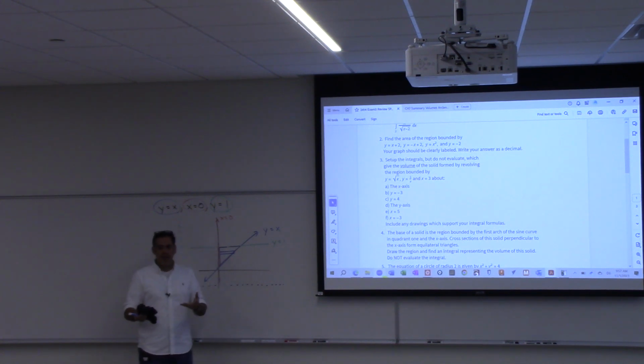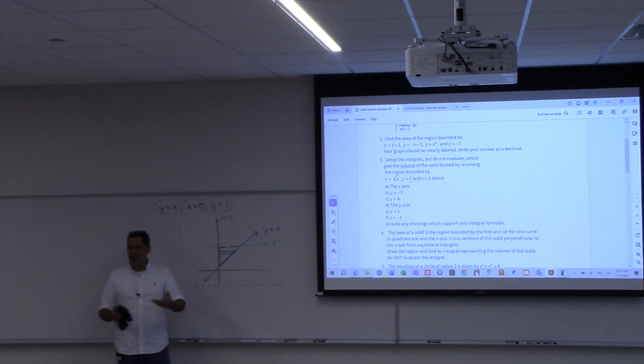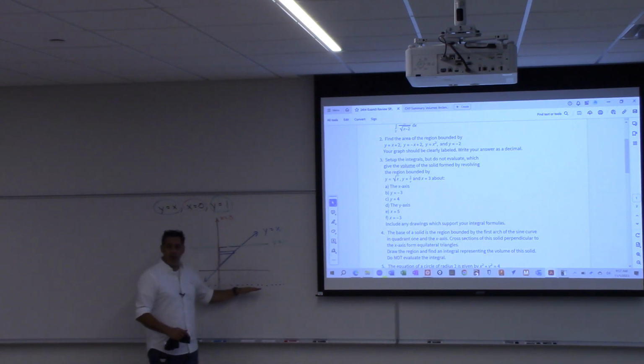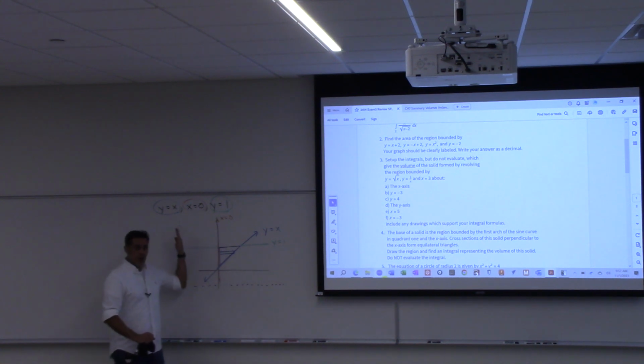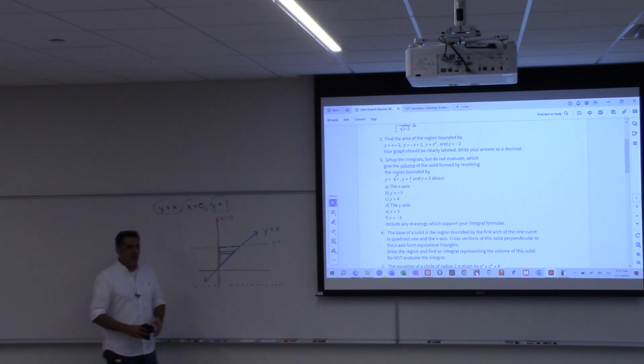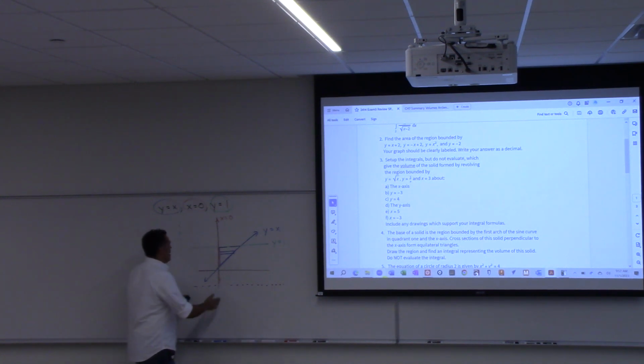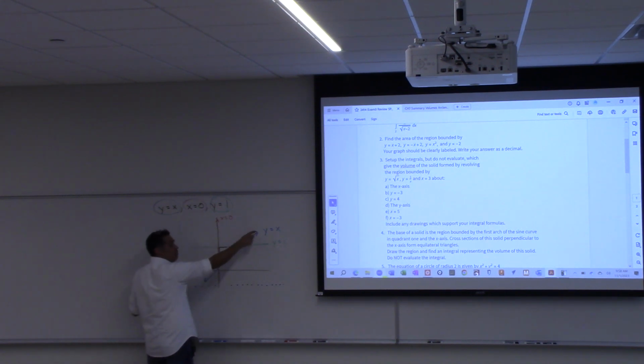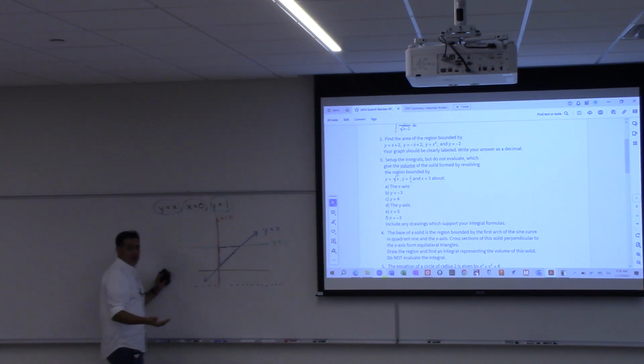In other words, you have a little bit of freedom on how you do these. My recommendation is that if these are functions of x, then if you got horizontal lines, use washers. And if you got vertical lines, use shells. And then I think it's clean. If you try and go against that, like if you say, all right, I want to do this region around this line, but I want to use washers, then you're going to have to change these over to functions of y instead of x. So it's just more work for you, all right?